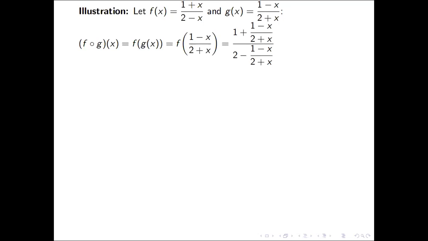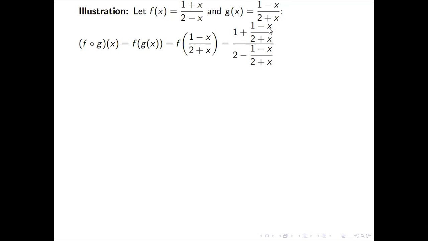Do you have any question on that? Please look at how I wrote f of g of x. So I replace this x by this expression, I get that. I replace this x by this expression, I get this. Okay? So 1 plus the expression, 2 minus the expression.